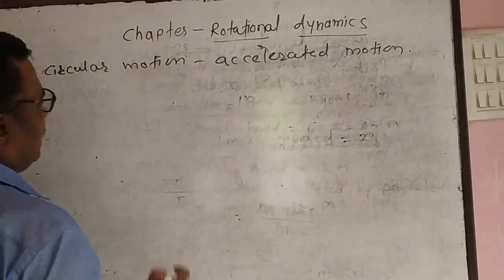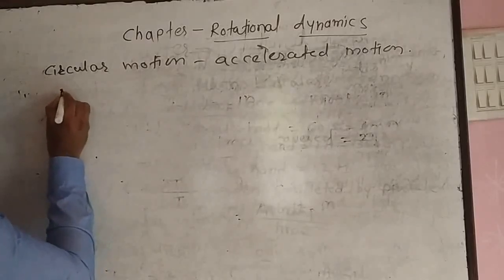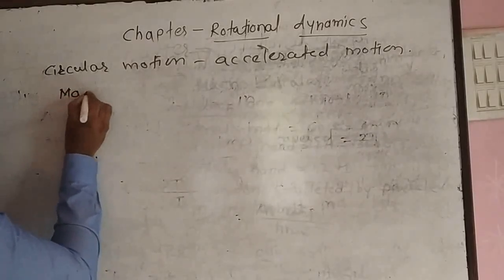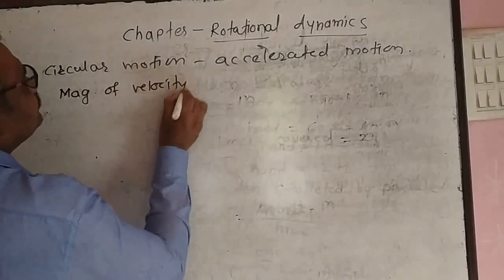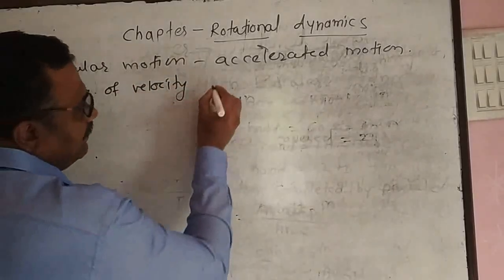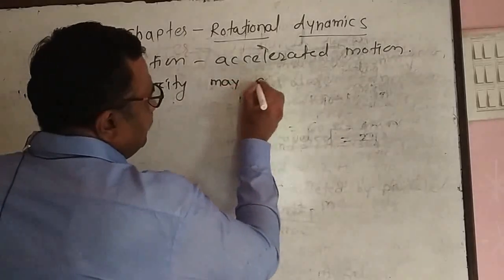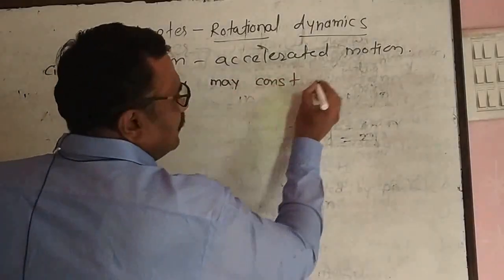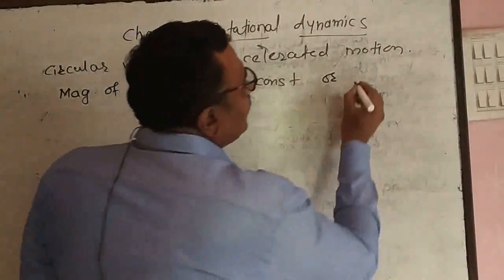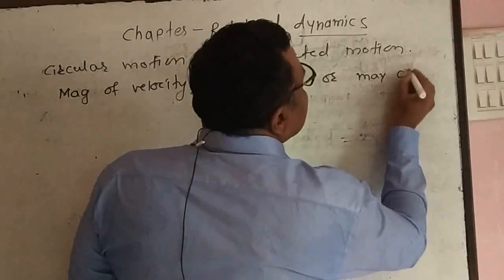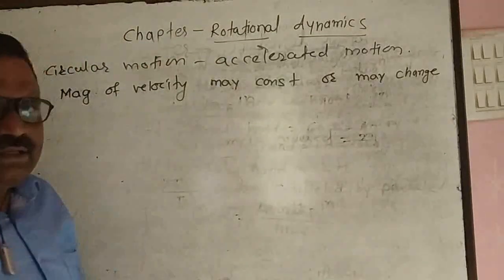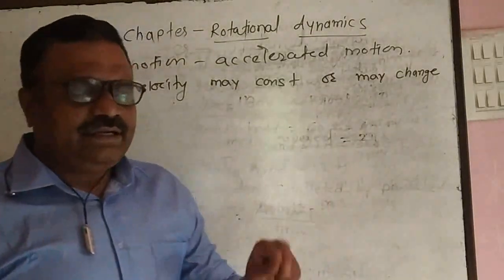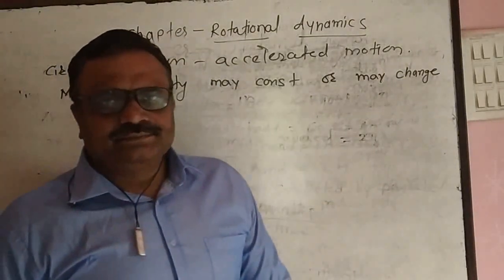According to the definition of circular motion, the magnitude of velocity may remain constant or it may change. That is, it may either go on increasing or it may go on decreasing.